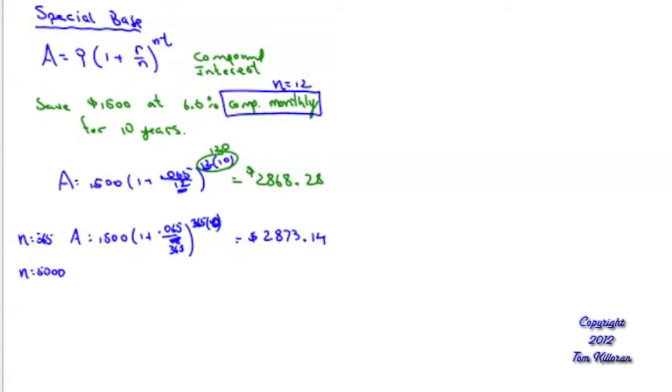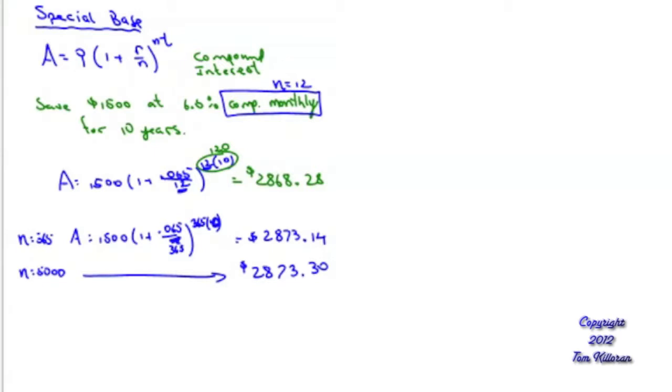You would think it would. I mean, n being 5,000, you're getting interest 5,000 times a year, and you're earning interest on interest, well, actually 4,999 times a year. So what do you get? 2,873.30. Woohoo! We made 16 cents more. So it went up $5, and then it went up 16 cents.